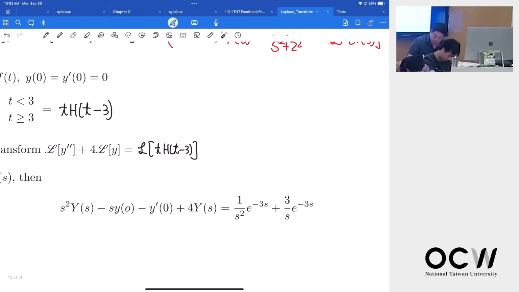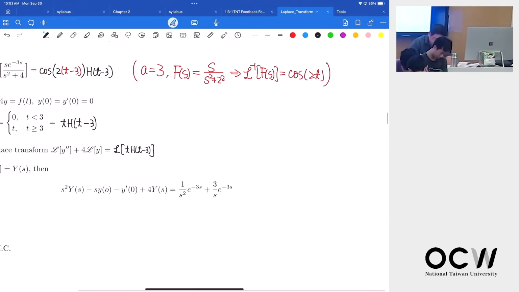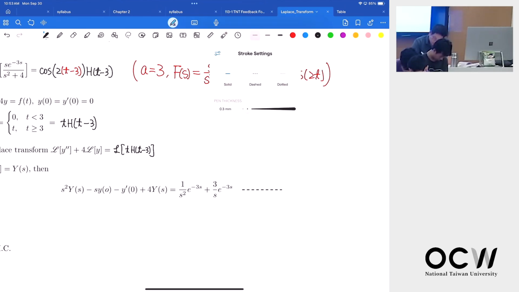And then the right hand side like this, we say this is equation 3.2.